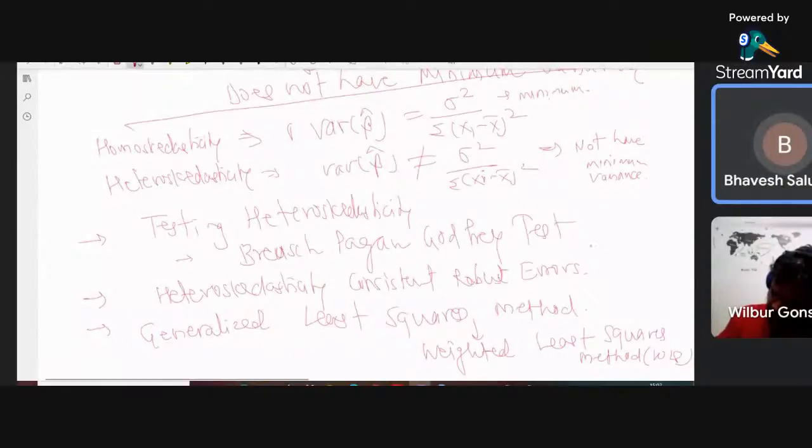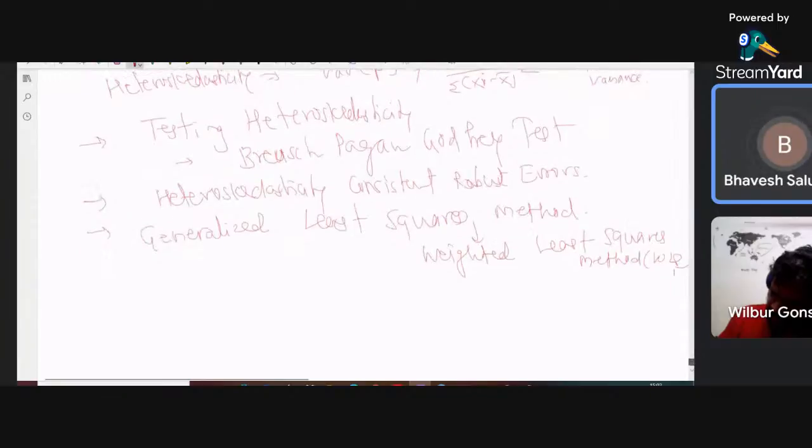When the regression model suffers from heteroscedasticity, instead of OLS we go for generalized least squares, and one specific type is weighted least squares. So we weight error terms according to their variance. The error term with high variance will have lower weight in the estimation, and the error term with low variance will have higher weight, because we want to minimize the variance of the estimator. That is how we use the weighted least squares method.